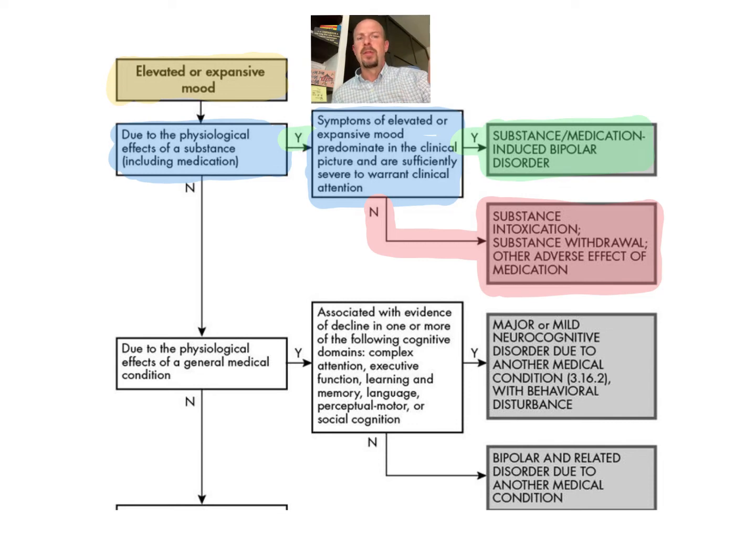Let's say that it's not due to a substance. Let's say we answered no to a substance. But then we get down to a general medical condition. So let's look at that symptomology. And let's say we answer potentially yes, that there is a possible general medical condition occurring.